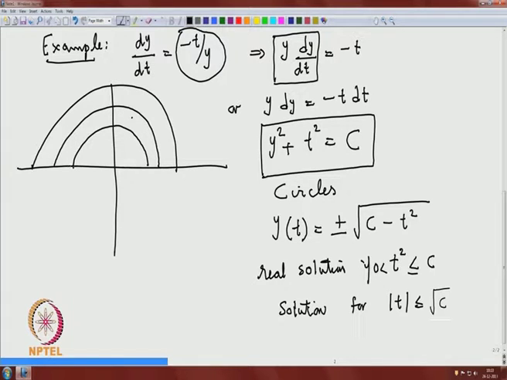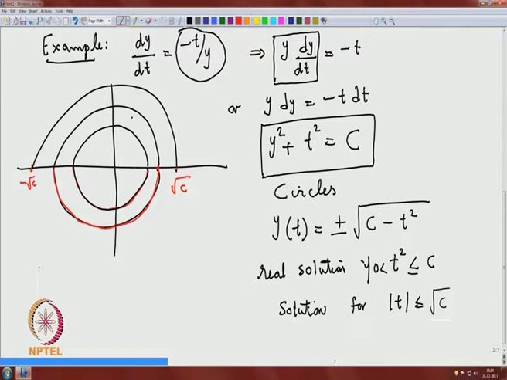So, these are two different solution curves for the initial value problem. You will have solution curves that depend on each c, with a minus root c here and a root c there.